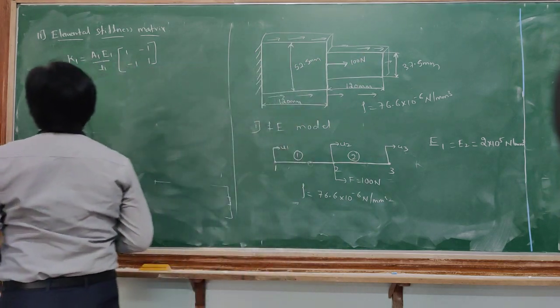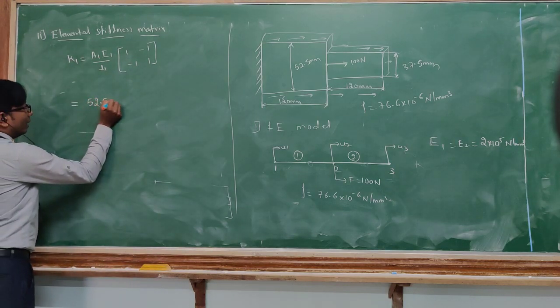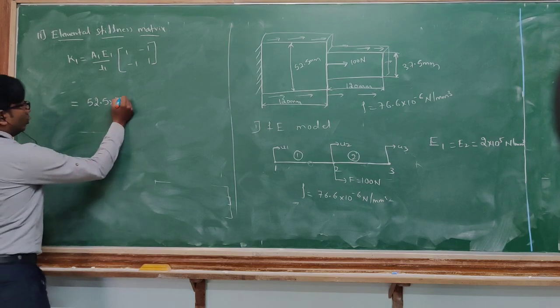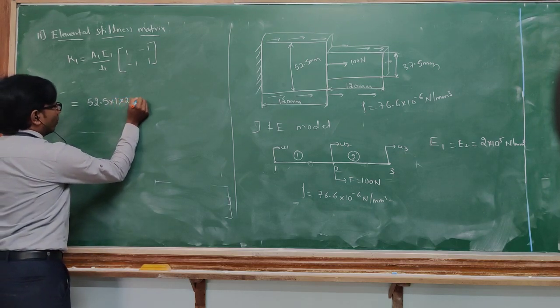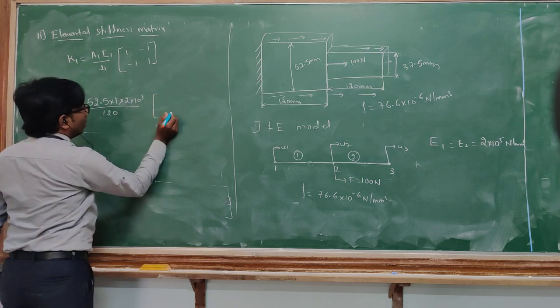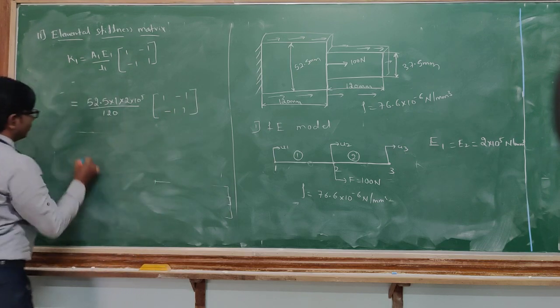So the first element will have a width of 52.5 into thickness 1 mm, into 2 into 10 to the power 5 divided by 120, times [1 -1; -1 1]. So you have this value.